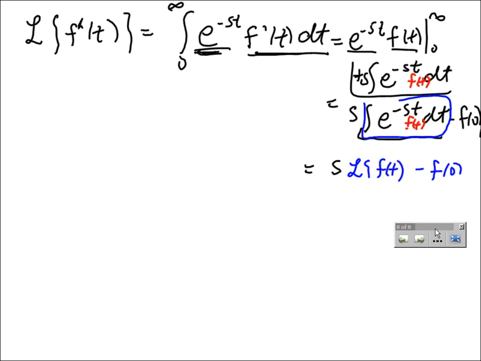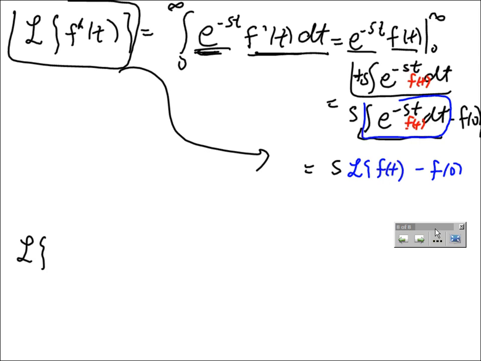So what do we have? We have that this is equal to that. In general, if you have the Laplace of the nth derivative of f of t, you're going to have s to the n times the Laplace of f of t.